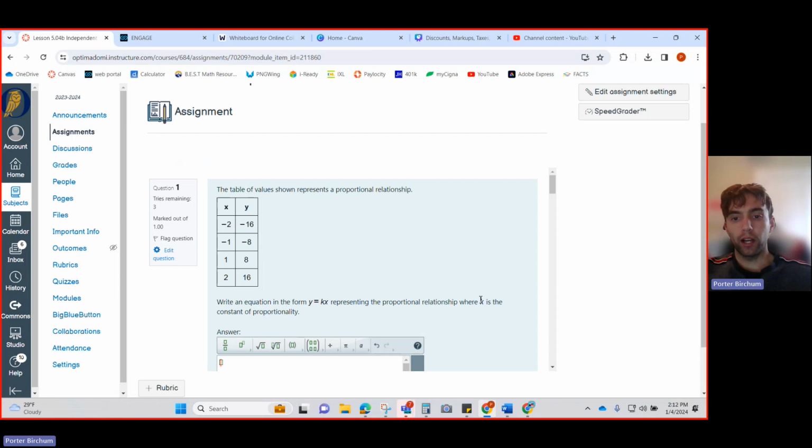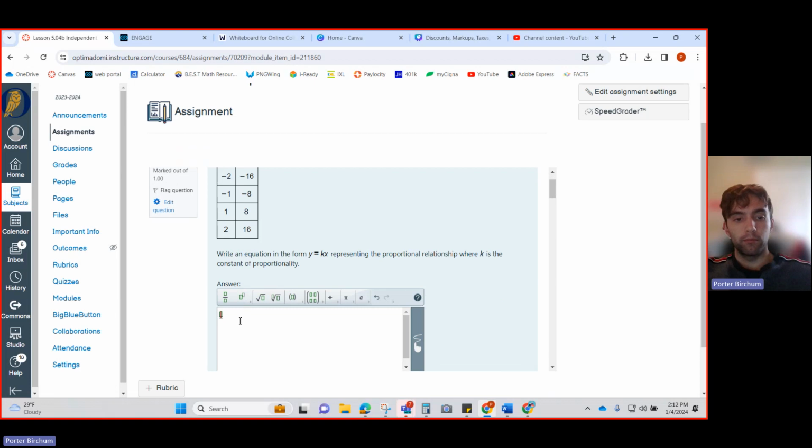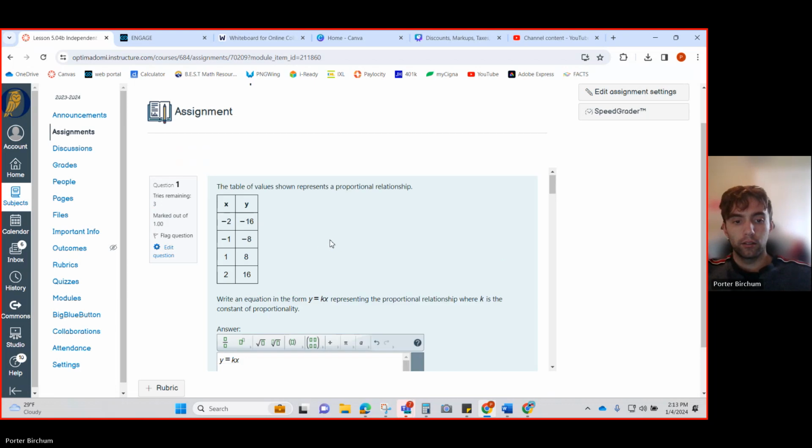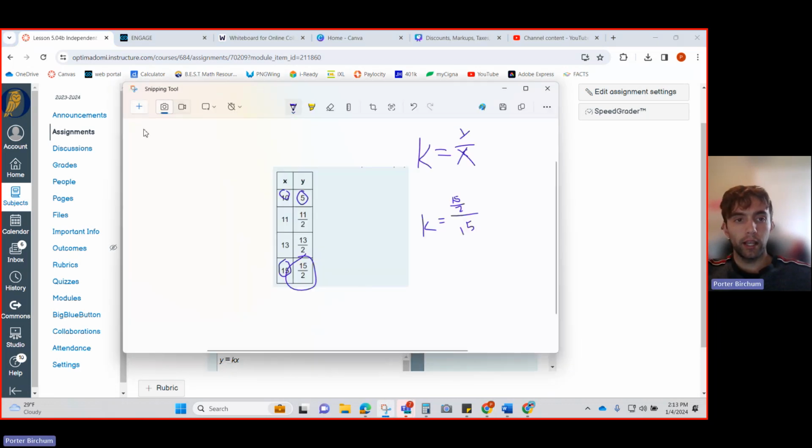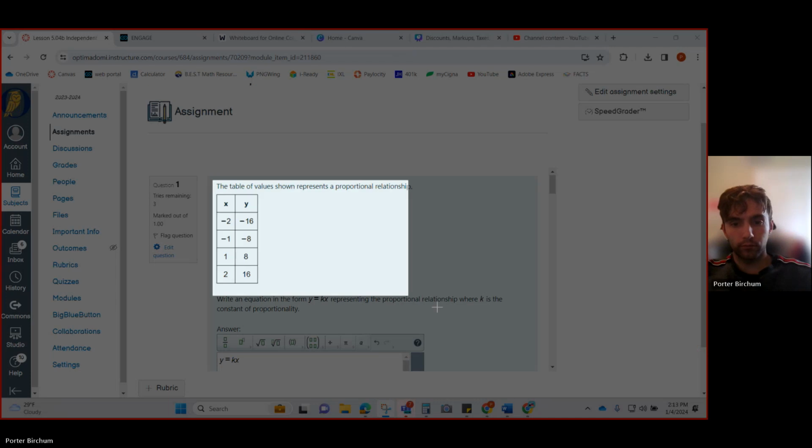So we have to find the constant of proportionality, k, and write it in equation form. So my answer is going to look like y equals something x, and then I'll replace k when I figure out what k is.